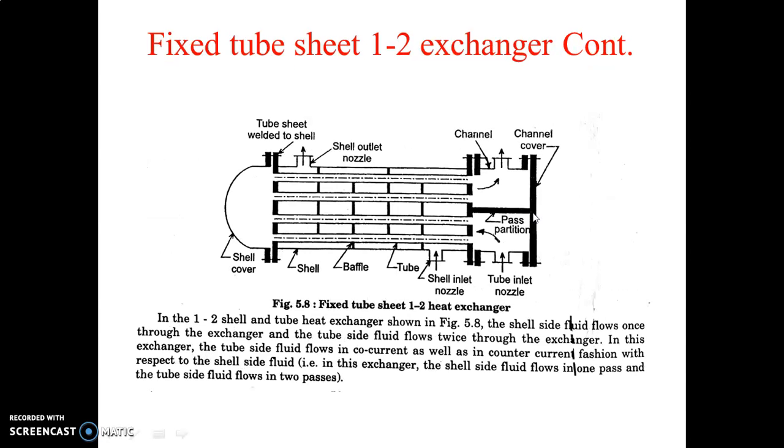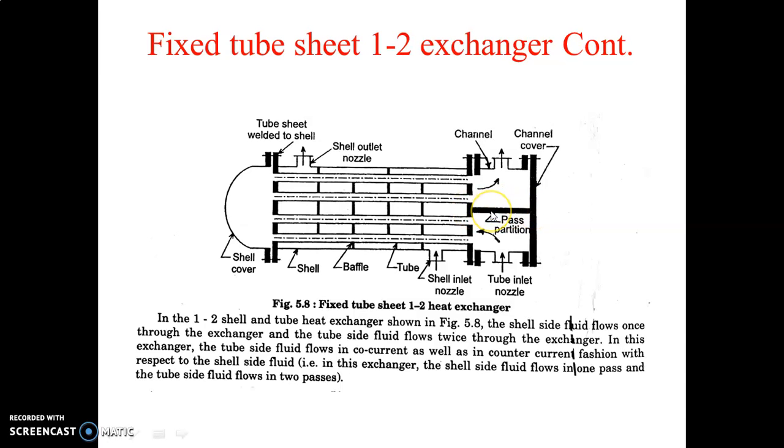So here I will show the actual figure. This is the figure of the fixed tube sheet 1-2 shell and tube heat exchanger. In this heat exchanger, if we look at this part, there are 2 tube sheets which are welded to the shell and act as a flange, and on one side of the shell, this channel or channel cover is provided with a pass partition.